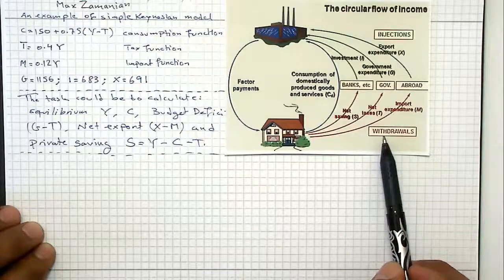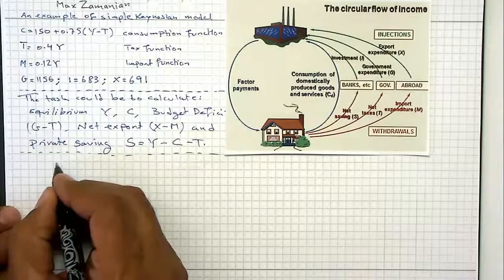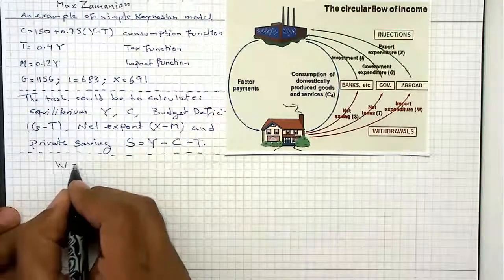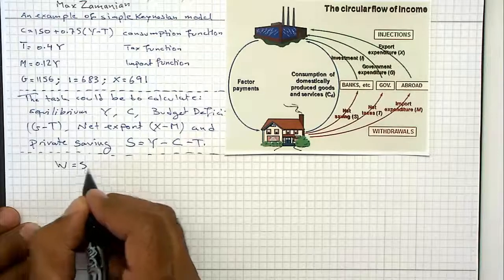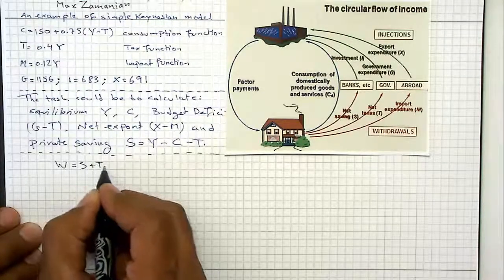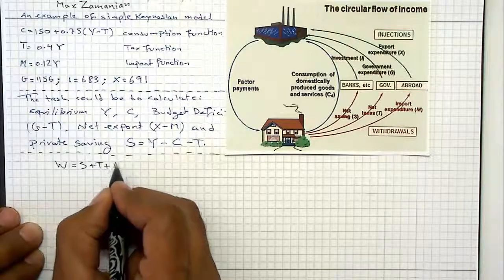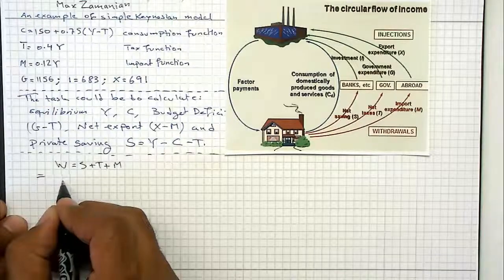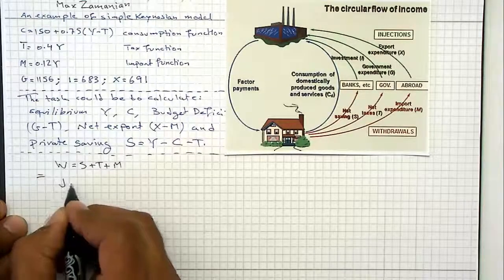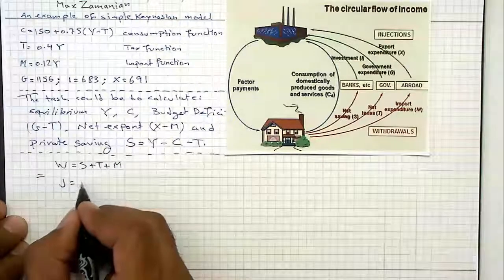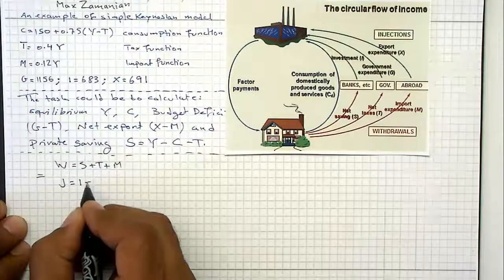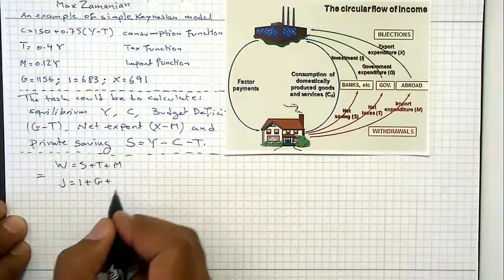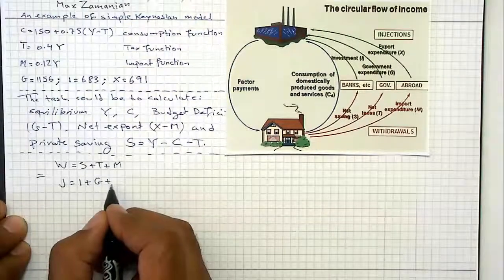And at the equilibrium, withdrawals, W standing for these variables, S plus taxes plus import, is equal to injection, that is J, equal to investment plus government expenditure plus export.